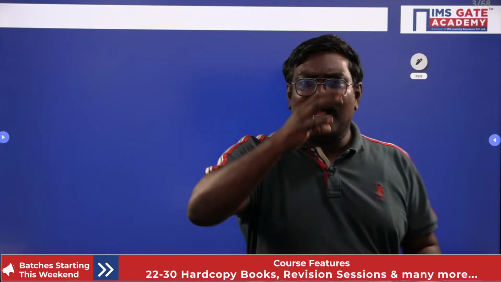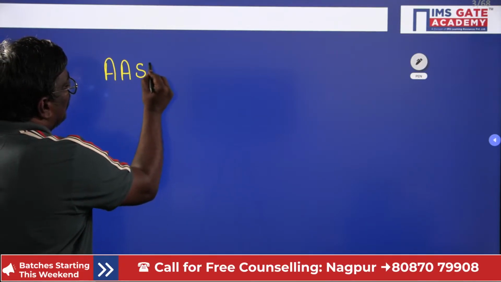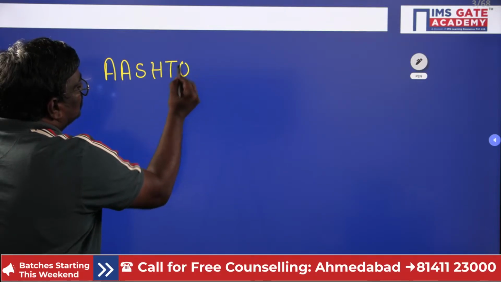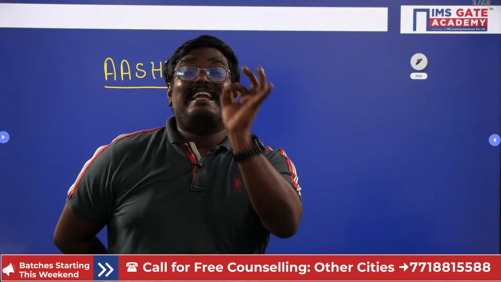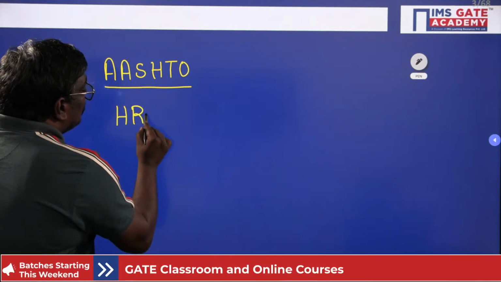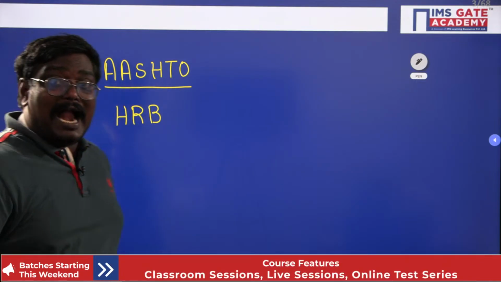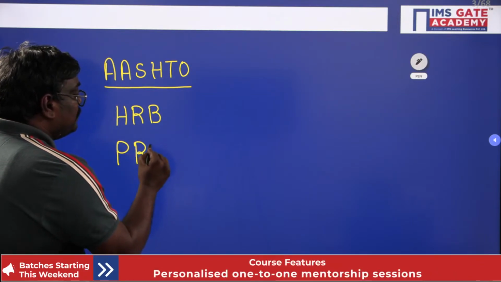Sir, see, I'm a transportation engineer. In transportation engineering, we have this enthusiasm to identify the soil which is suitable for pavements. We have different organizations, my dear students. When I talk about AASHTO, American Association of State Highway and Transportation Officials, and we also have HRB, Highway Research Board, and we also know about the PRA, Public Roads Administration.